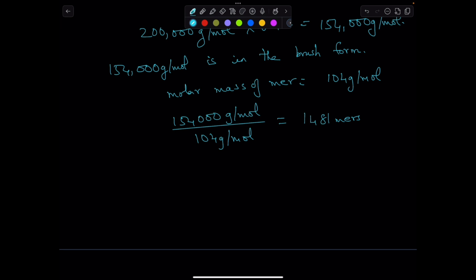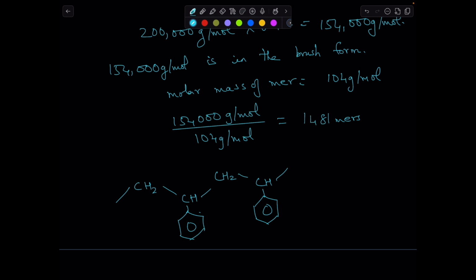So polystyrene is like this, CH2, CH, and it has a phenyl group, and then you have a CH2 and then CH group, and so on. And this can be atactic or isotactic or syndiotactic, as the case is.